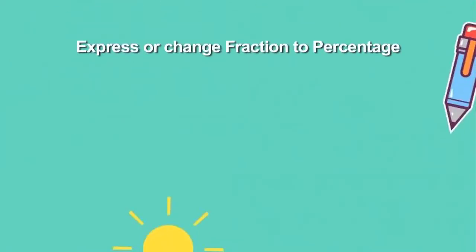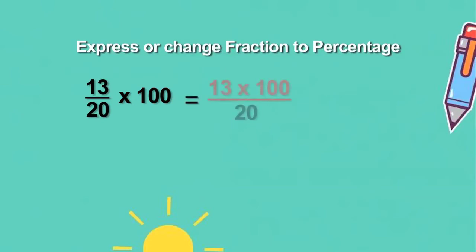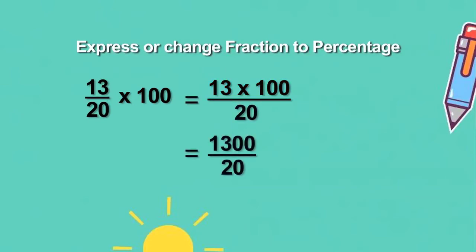Let's do some more example. How about 13 out of 20? The other method to answer this problem is 13 out of 20 times 100. 13 times 100, which gives 1,300 out of 20.